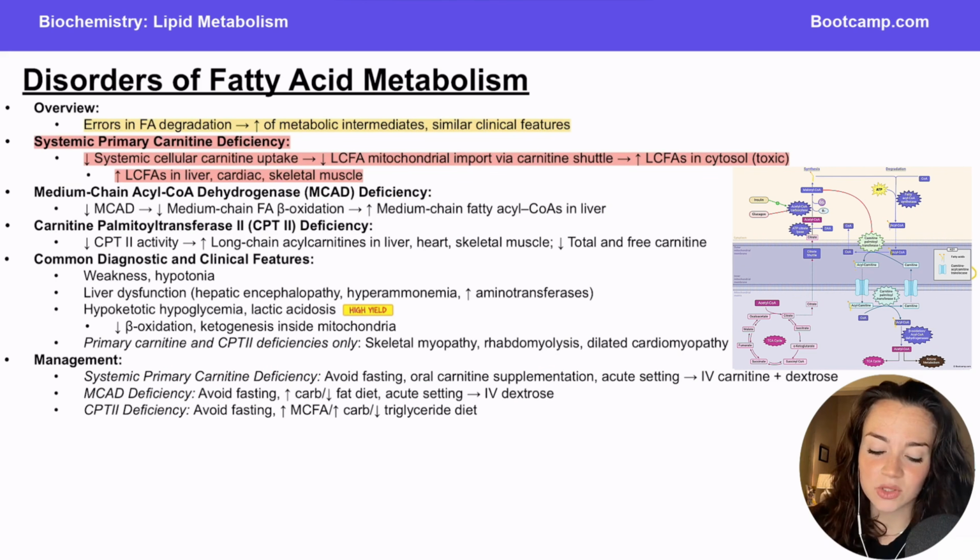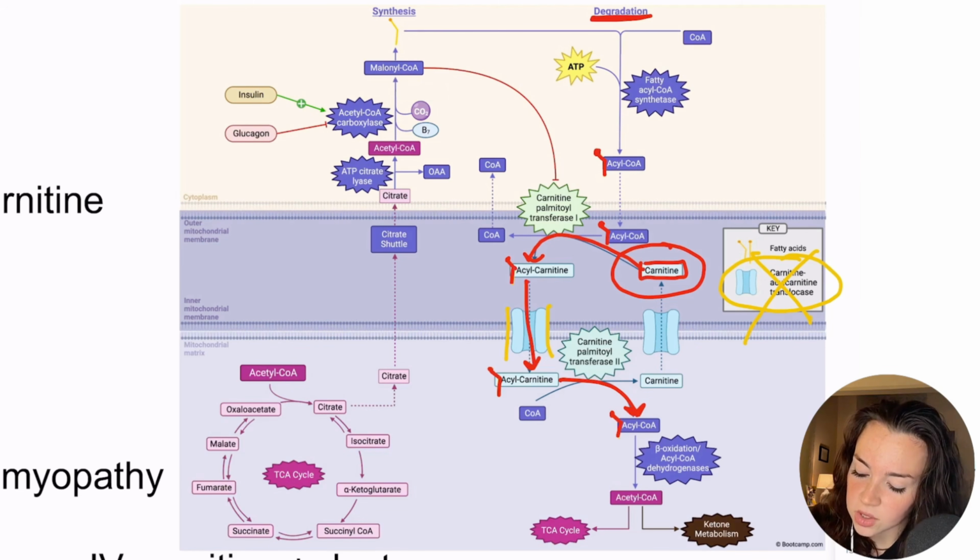All right, the next disorder we'll talk about is medium chain acyl CoA dehydrogenase deficiency, or MCAD deficiency. As this name suggests, we're going to have a deficiency in our medium chain acyl CoA dehydrogenase, which was involved in fatty acid beta oxidation of medium chain fatty acids. So remember, once we had our acyl CoAs in the mitochondrial matrix, they could be acted upon by acyl CoA dehydrogenases, which were sort of the representative enzymes of the beta oxidation process.